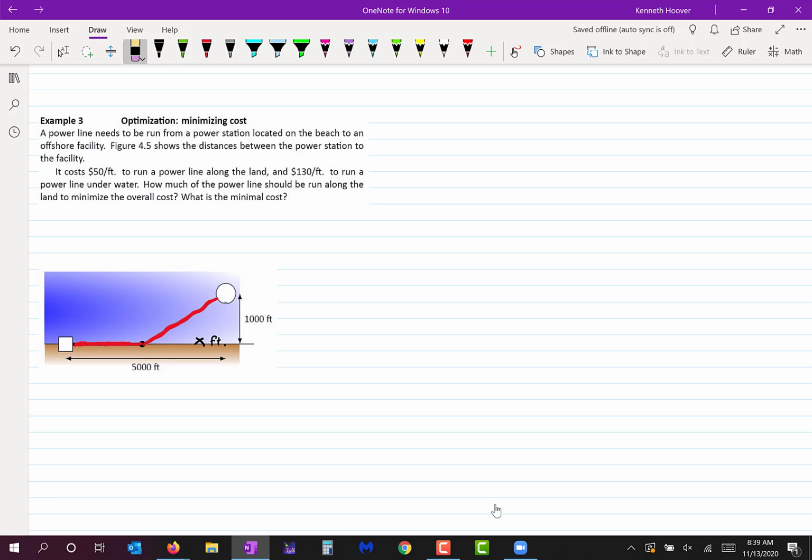So that means that this distance right here would have to be the square root of x squared plus 1,000 squared, right? What am I using there? I'm using the Pythagorean Theorem. X squared plus 1,000 squared under a square root. That's the distance of the wiring that's going to go from the beach out to the station or whatever that is out there. And how much wiring is going to be lying along the beach? Well, that's going to be 5,000 minus x, right?